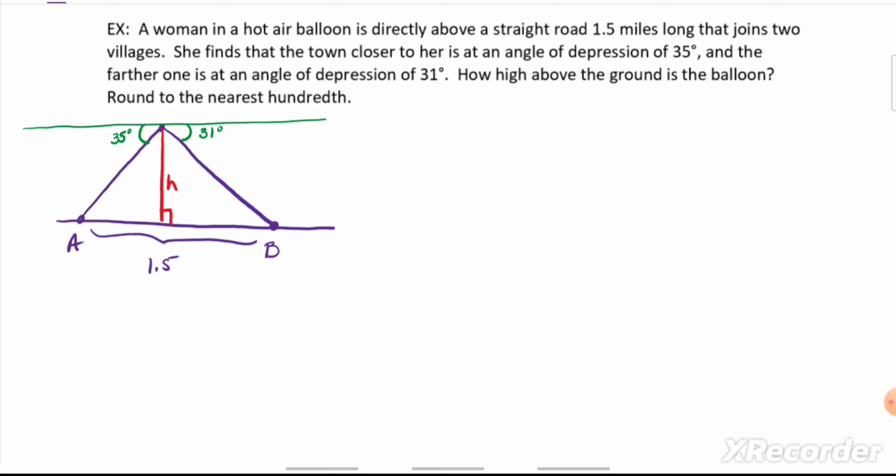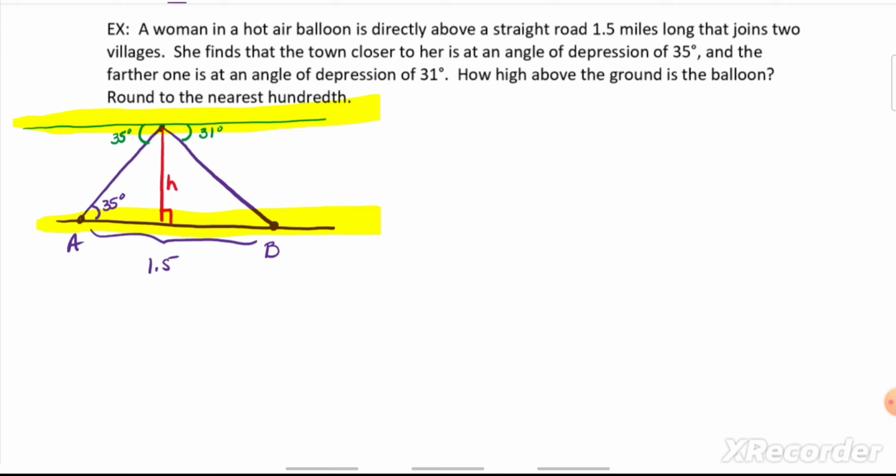All right, so let's talk about these angles of depression. Now, this road is flat, and our sight line is flat. So here we have two parallel lines, and we can look at cutting it with this transversal. We know that alternate interior angles are congruent, so that makes this angle down here at village A 35 degrees.